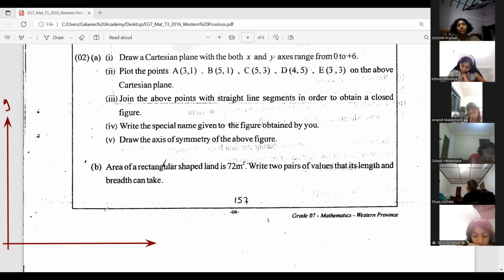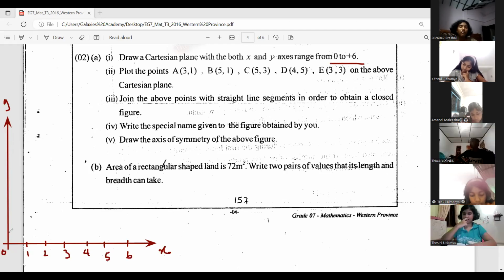This one y axis and this one x axis. This position is 0, 1, 2, 3, 4, 5, 6. You have to mark positive 6, okay, 0 to 6.